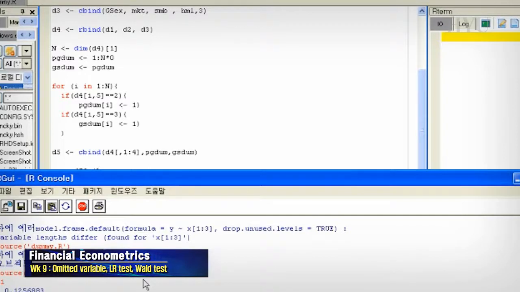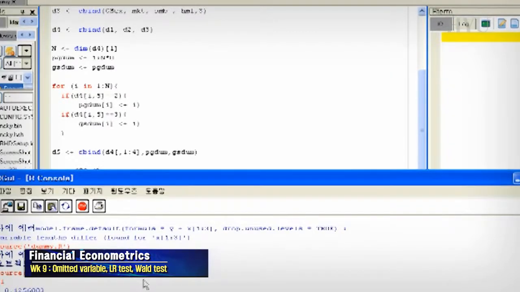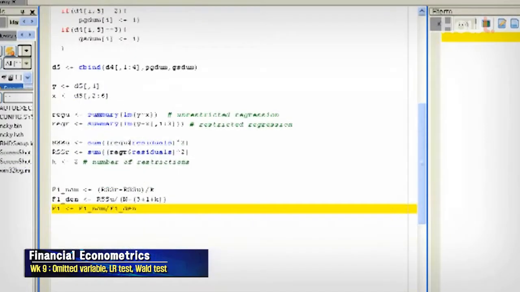So I think we cannot reject the null hypothesis. But anyway, let's take a look at the p-value of this F statistic. How can I see the p-value for the F statistic? I forgot. Do you remember?